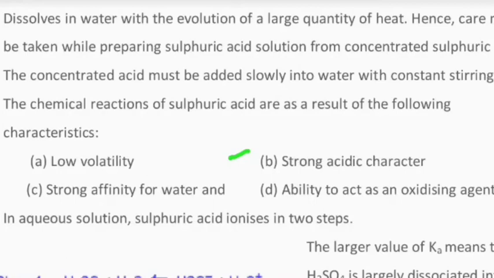That is why care must be taken when we are preparing a dilute solution. The concentrated acid must be added slowly into water with constant stirring.